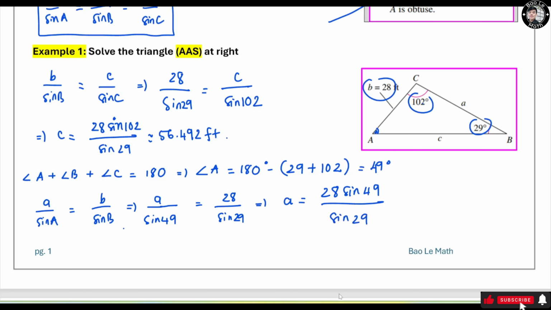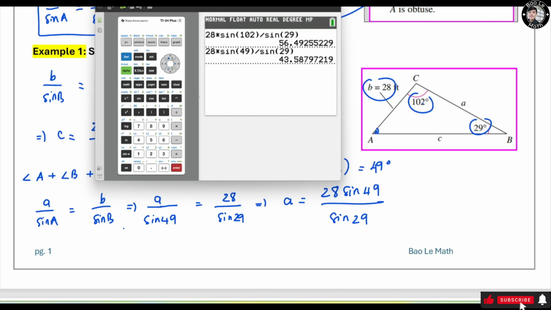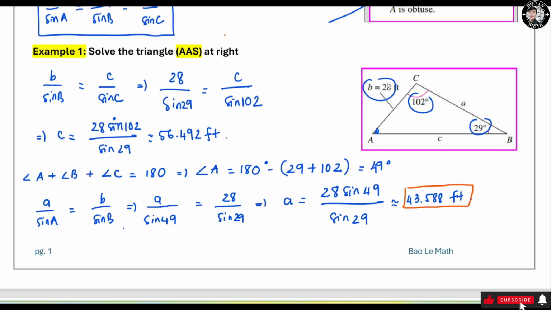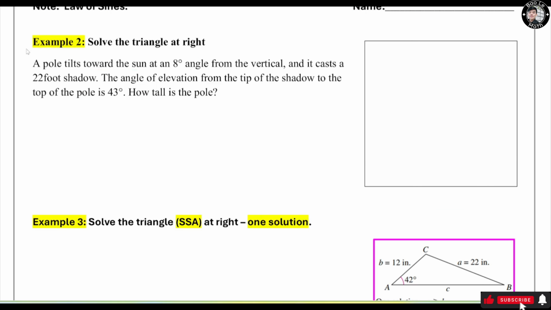We're going to bring up the calculator. It's going to be 43.588. B equals 28 right here, and C equals 56.492. Angle A equals 49, angle B equals 29, angle C equals 102, and we finish.